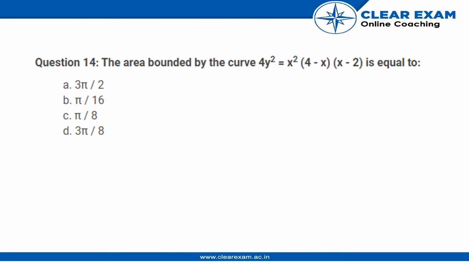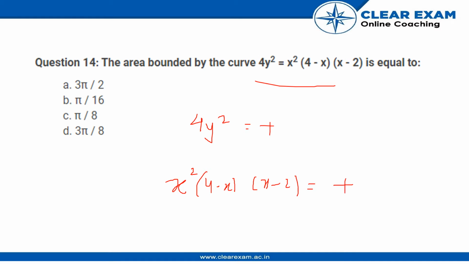So here we have this curve, and first we need to find out in what domains this curve is present. If you look over here, 4y squared is always positive because it is a square term, and the 4 is a constant which is also positive. So this term over here, (4 minus x)(x minus 2), has to be positive too, because they are in this format.